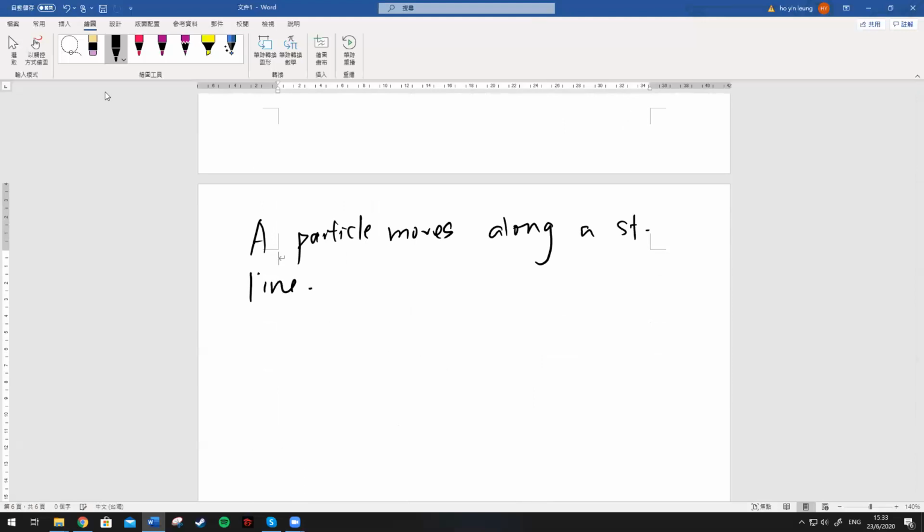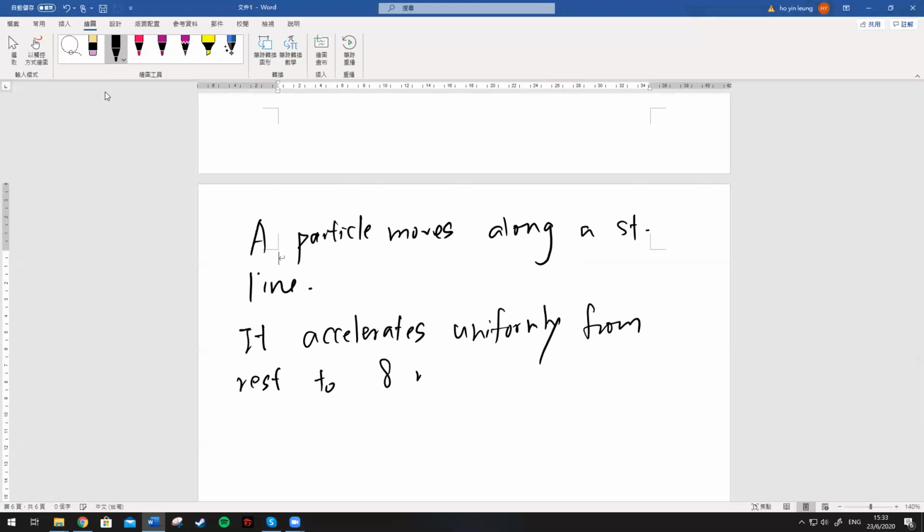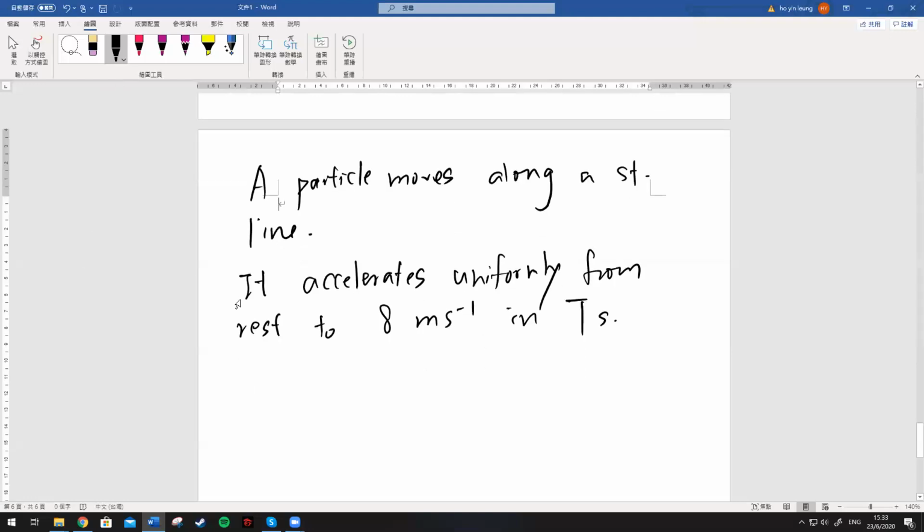First of all, it accelerates uniformly, so that means it has a uniform acceleration, from rest to 8 meter per second in t seconds.